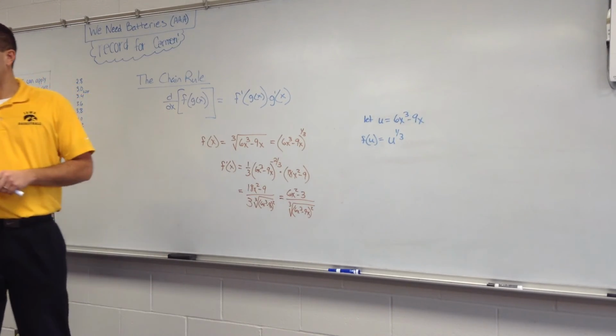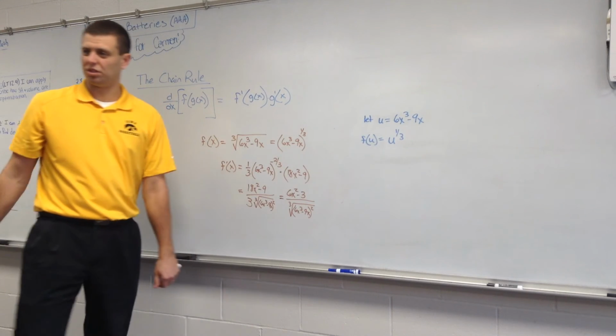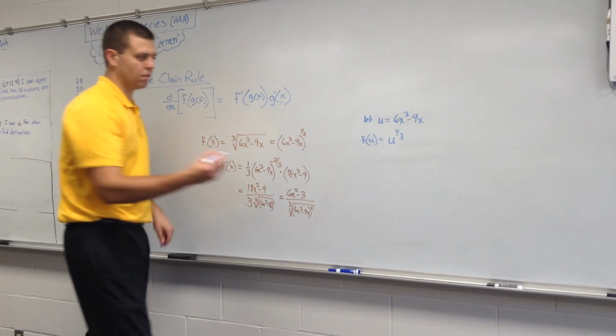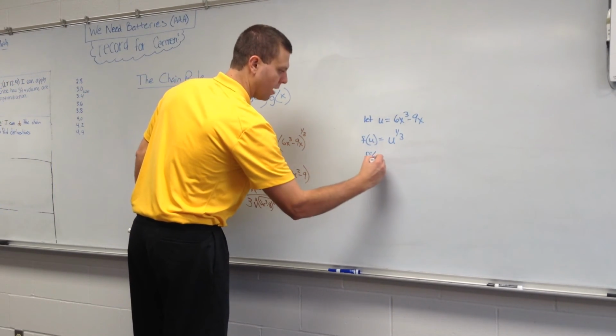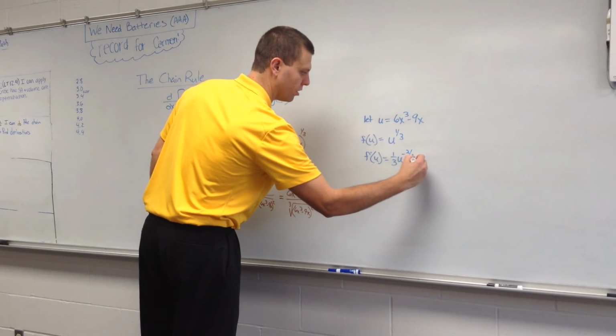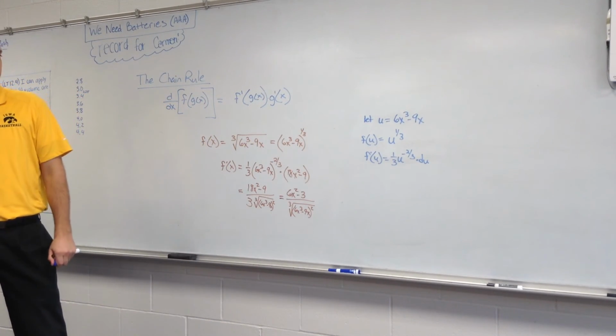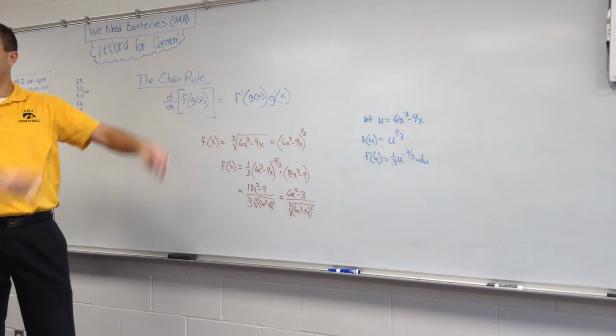Going back to u substitution, a lot of people like it because doing the derivative of u seems very simple. So f prime of u would equal 1/3 u to the negative 2/3, but then just don't forget the times du. And then substitute back in.